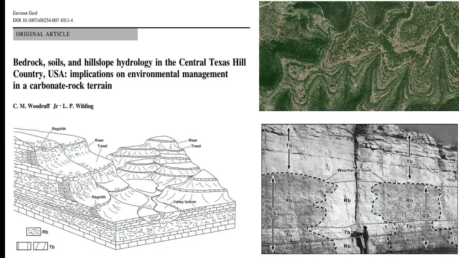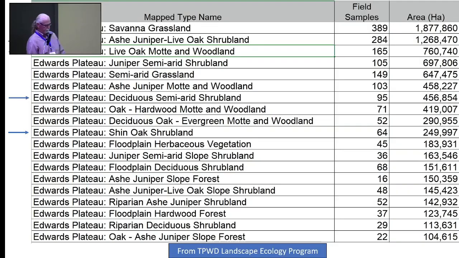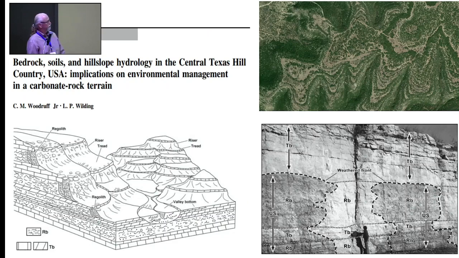Hint, there's no marl involved. This alternating, stair-step topography and wooded versus grassy habitats due to the geophysical setting differences is the rule in the Edwards Plateau, not the exception. This is very common.